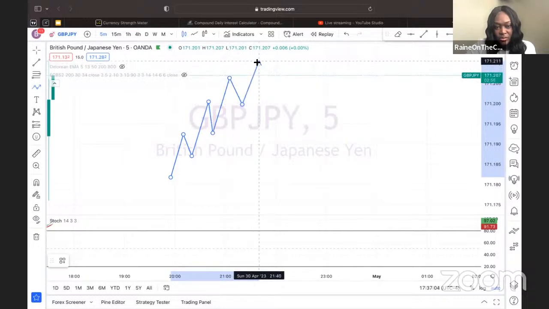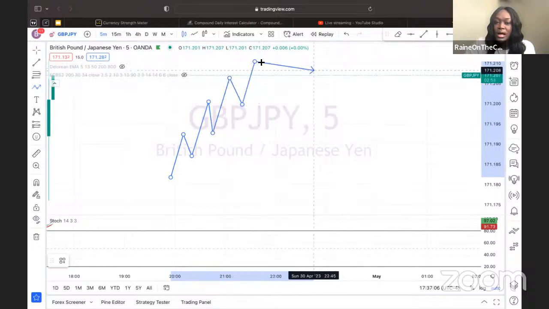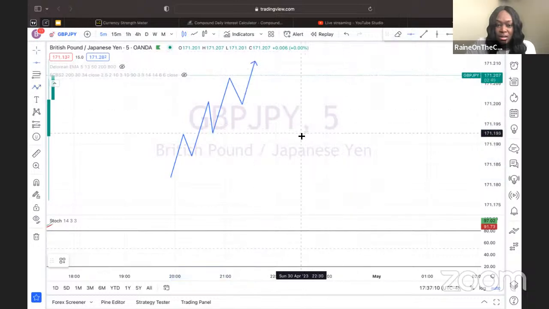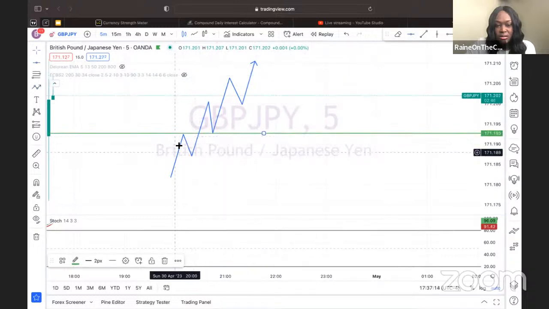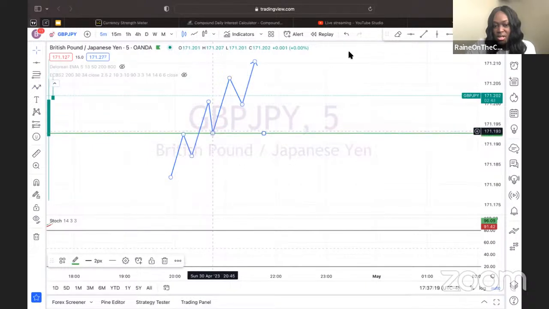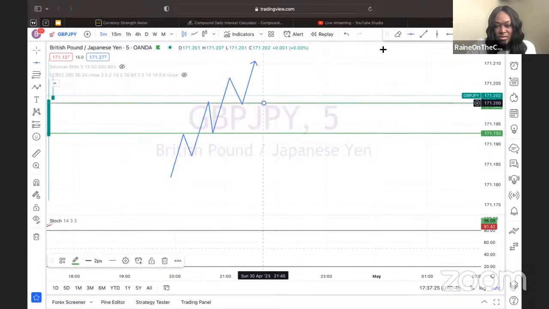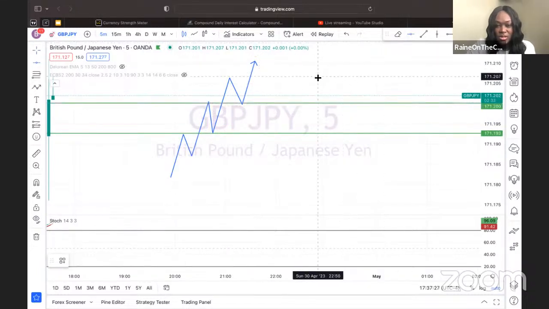That's how we identify it. This was resistance. It became support here. And that's what you're looking for, resistance to become support.